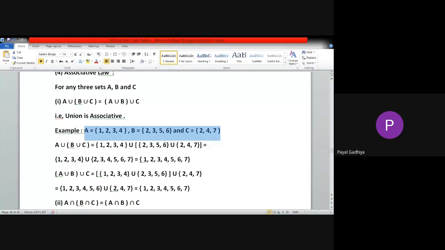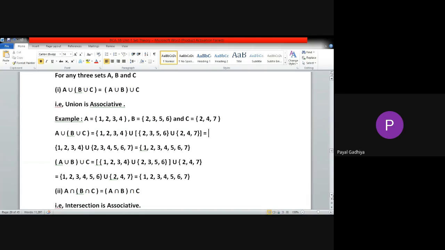And then what will be A union B union C? 1, 2, 3, 4, 5, 6, 7. Yes, so the answers will be the same in both cases.